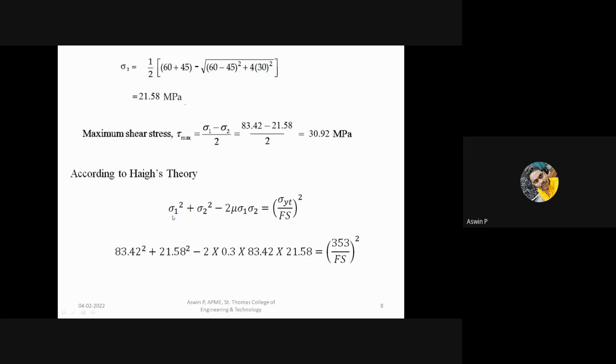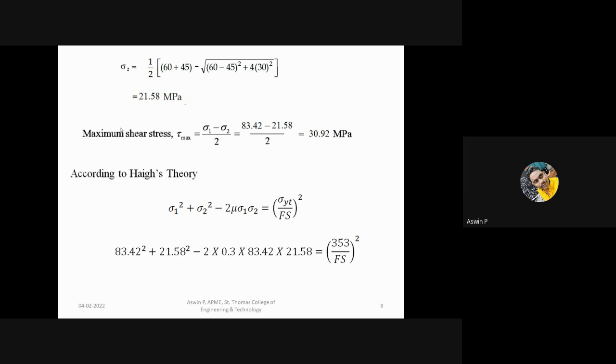We have to find sigma 1 and sigma 2, and sigma 1, obviously you know, we have the equation 1 by 2 into sigma x sigma y like that, and sigma x is load by area. In that area we have a term diameter, that may also be asked, and we have to do such problems in the upcoming classes. Then only we can complete this.